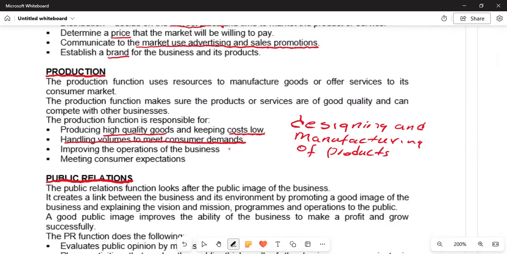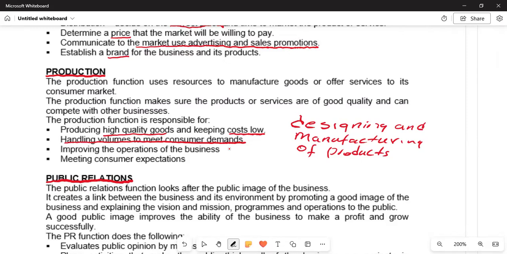That will help you to produce the volume that is going to meet their demand. Don't find yourself with excess stock that remains in the business because no one is buying it. Or don't find yourself in a situation where you're short of stock. Consumers are going to run away from you and switch to your rivals.